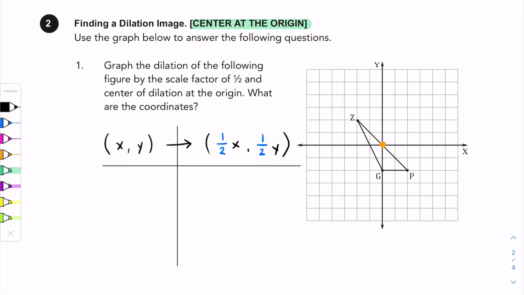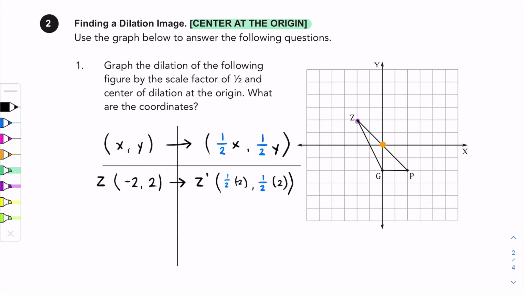I'm going to list each point. I'm going to start with point Z. Point Z is located here. Point Z is at -2, 2. And when you apply the rule to it, Z prime is going to be at 1/2 times -2, and then 1/2 times 2.